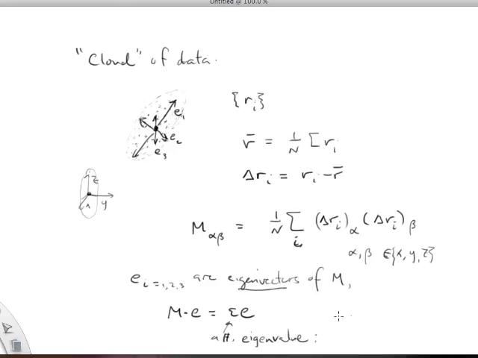And furthermore, the width in the direction E sub i, taking those to be unit vectors, which we can certainly make them be unit vectors just by scaling them, is the square root of that corresponding epsilon i.